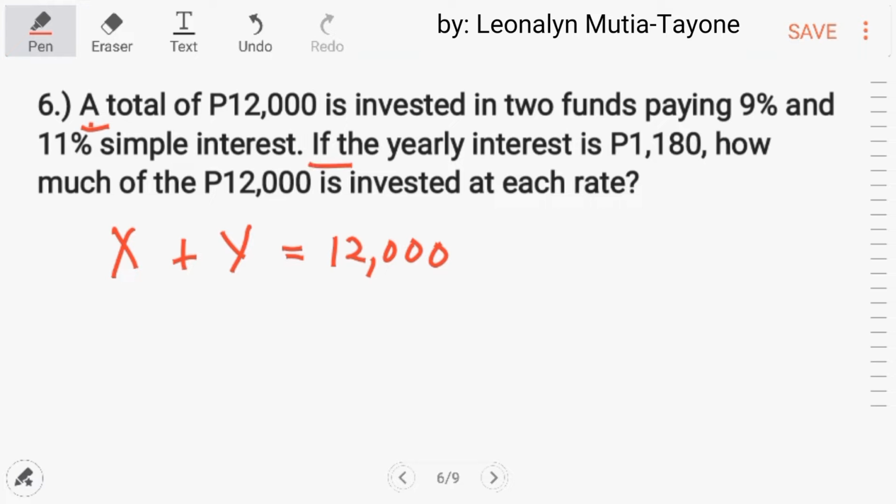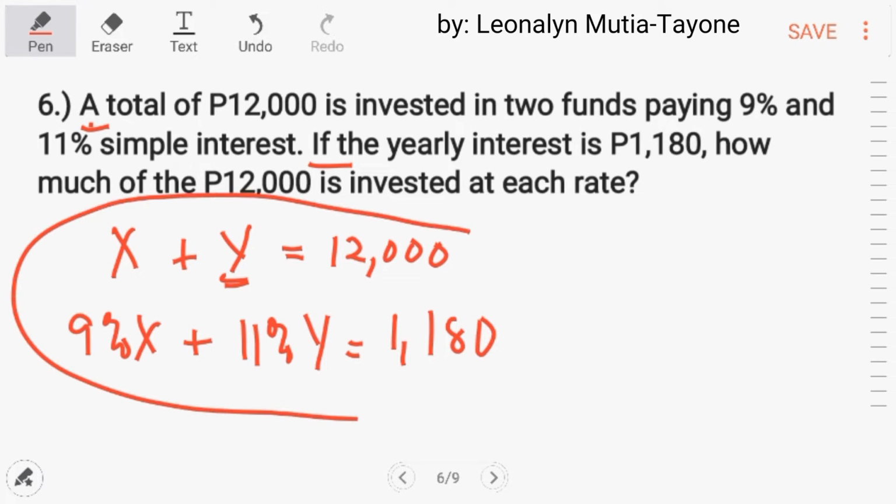Yung statement number 2, if the yearly interest is 1,180, can be restated as 9% times X plus 11% times Y equals total interest of 1,180.